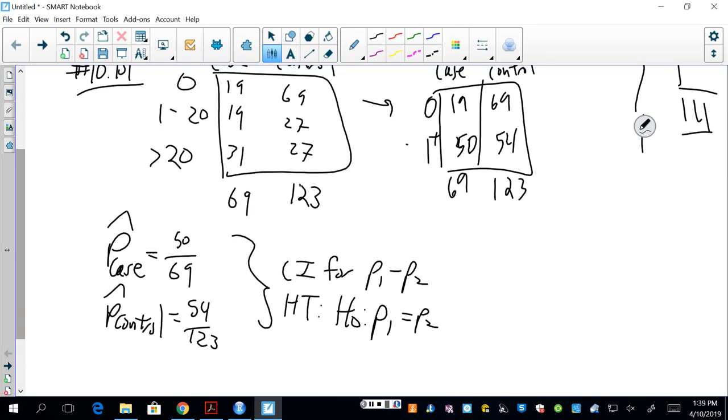You can really do either one. Numerically, the difference between smoking in the 2 groups is going to be the same as the difference of non-smoking in the 2 groups. It just will be negative. And then the standard errors end up being the same, because in the standard errors it's p hat times 1 minus p hat. So whether you take smoking or non-smoking, you're just taking the probability of smoking times the probability of non-smoking. That enters into the standard error. So the numerical values, the result, however you view it, end up being the same.